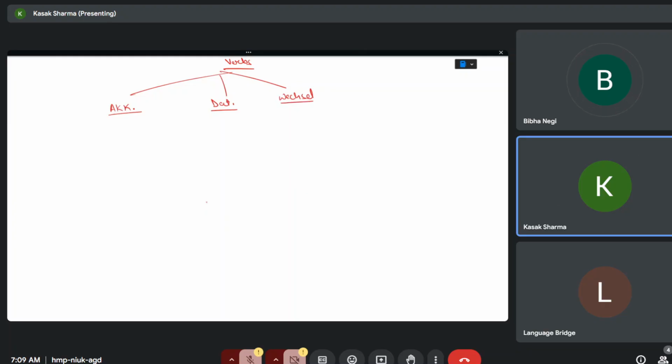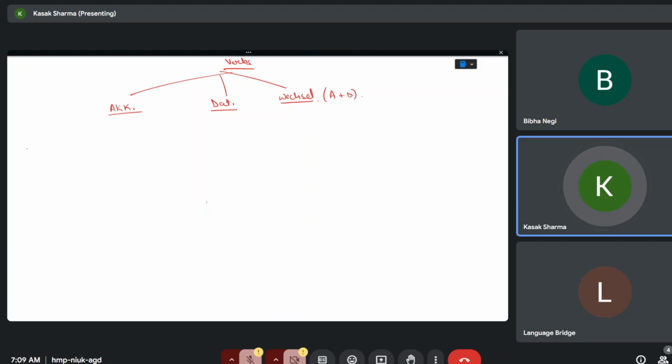Whenever I am using any accusative verb, then the accusative table is followed, right? That is den, das, and all. Whenever I am using dative verbs, the dative table is followed: dem, dem, der. Coming to the Wechsel verb, you can say it is accusative plus dative.